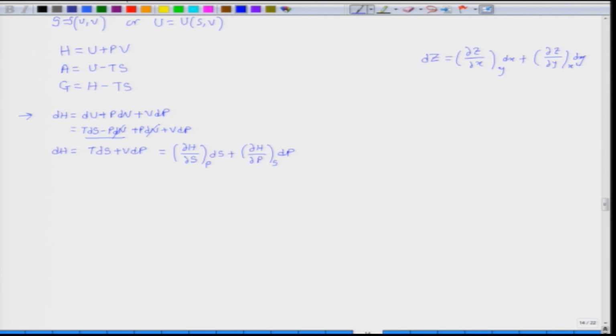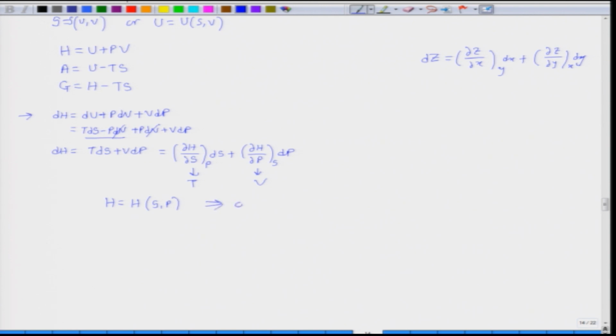So, by definition the partial of H with respect to entropy becomes T, or partial of H with respect to pressure becomes volume V, right. So, we know H can be expressed as a function of S and P.